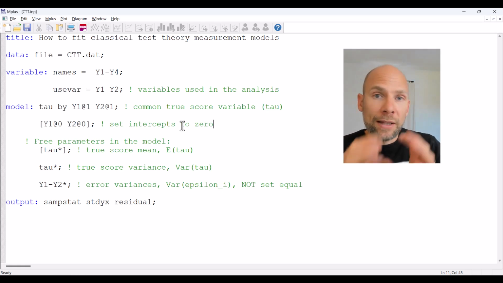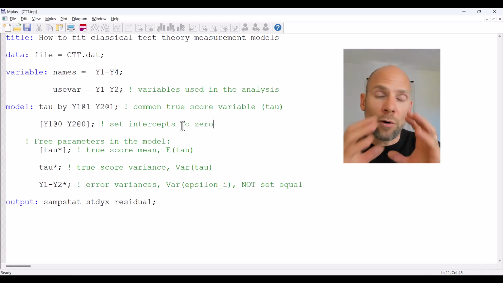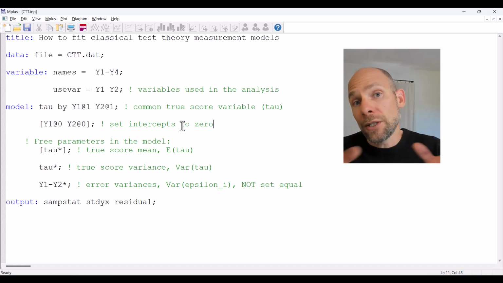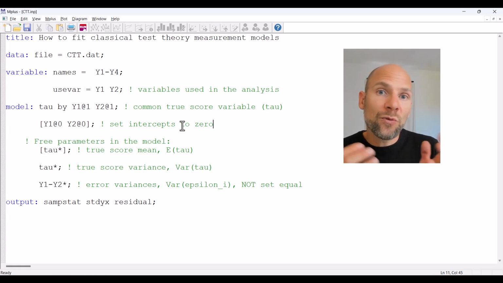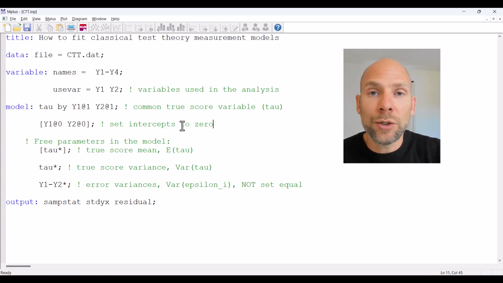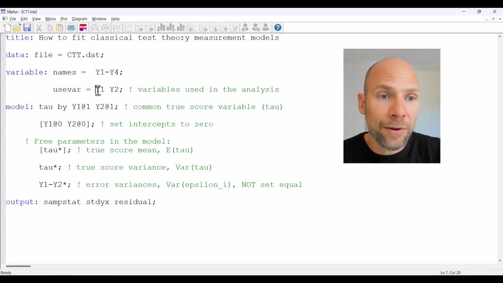But when you look at this factor in isolation, so when you have only tau and you want different loadings, then that is not identified unless you have at least three variables. With three variables, a single factor model with unequal loadings is just identified or saturated, and so you need at least four variables for that model to be over-identified in isolation, meaning without other variables that are correlated with tau. And so let's do one here with four variables.